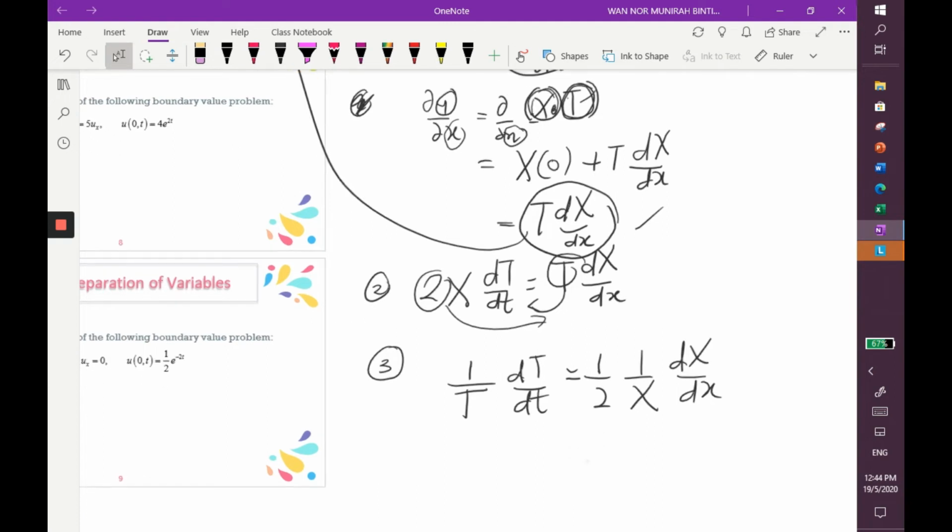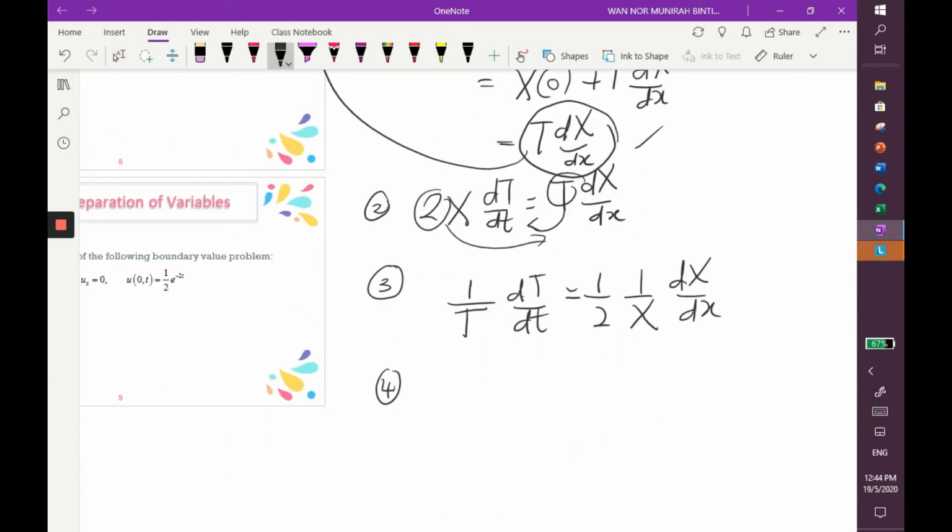So the next step is, if you still remember, during our separable equation, after we separate the variables, then we can integrate, right? But in this SVM, before we integrate, look here, if you try to integrate directly, the left hand side and right hand side of your equation just now, here you have 1 over t dt dt.